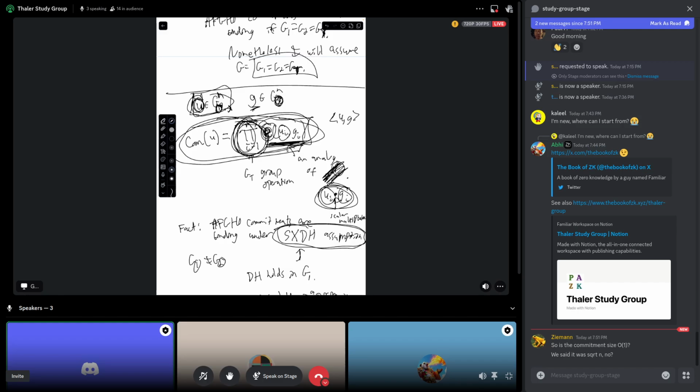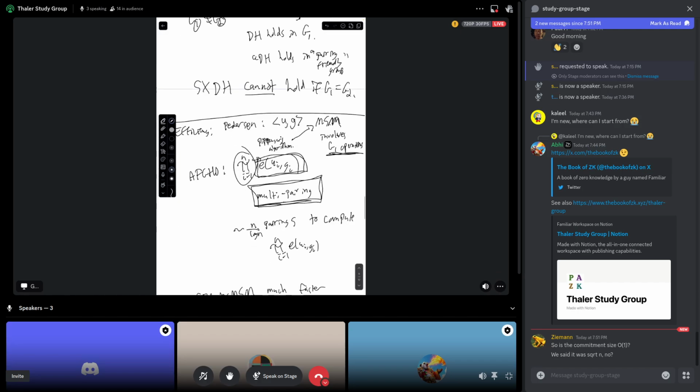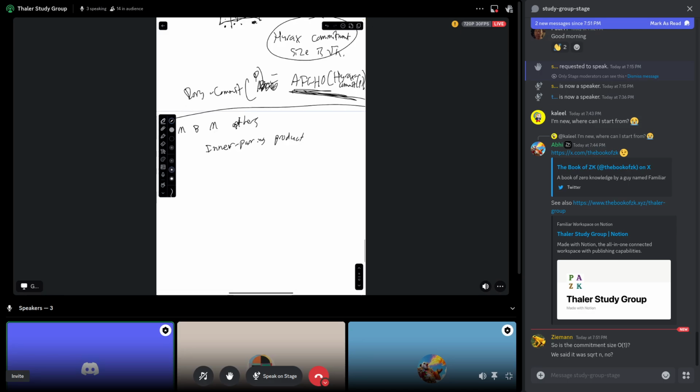And you would switch to additive group notation for the target group. If I replace this product notation with a sum notation, it would look like an inner product: the sum of the pairing of U_i and G_i.